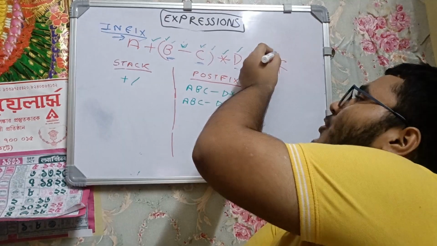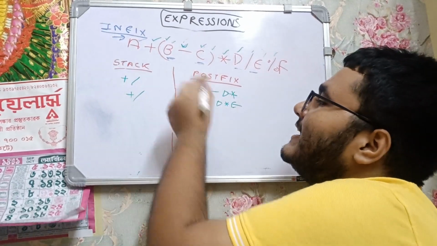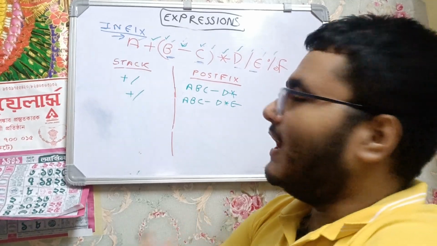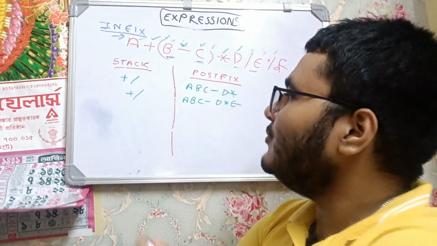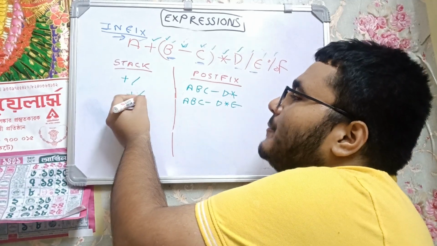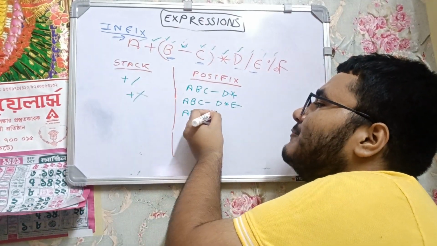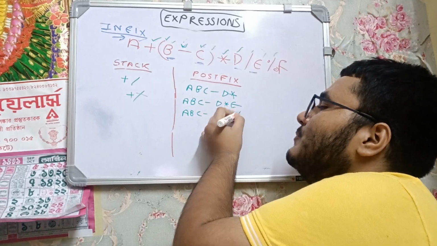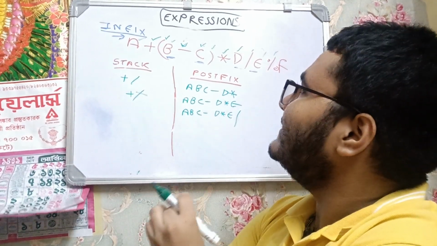Modulus arrives. This was plus division, and modulus arrives. So modulus has equal priority with the division, yes or no? So pop it out, and in the next step merge it with the postfix expression. So D into E by, okay, fine.